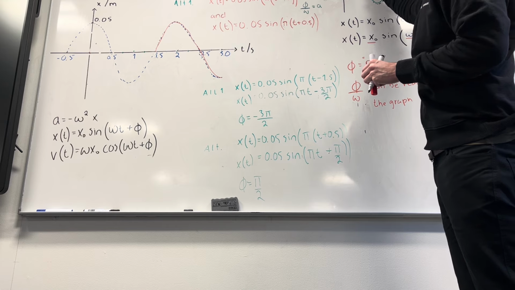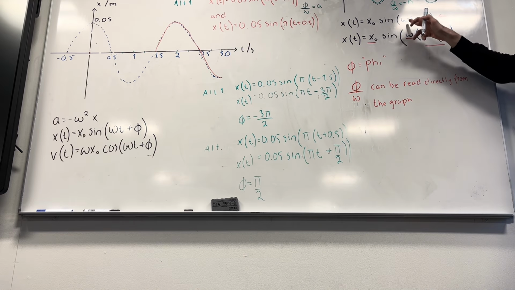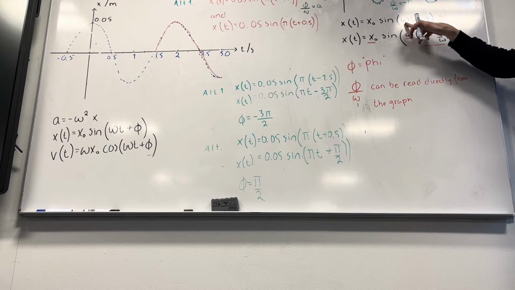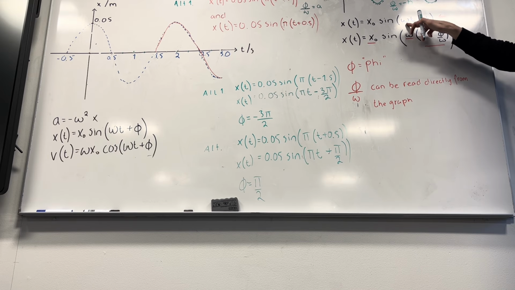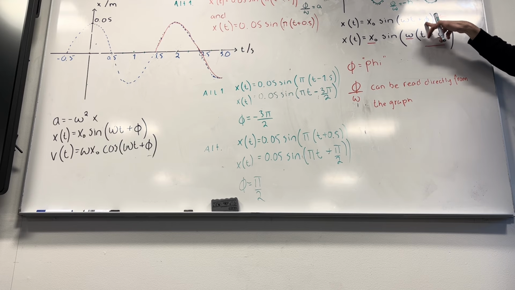Here it's displacement, in meters. Omega is radians per second, so omega times t becomes radians. And phi has the unit of radians.